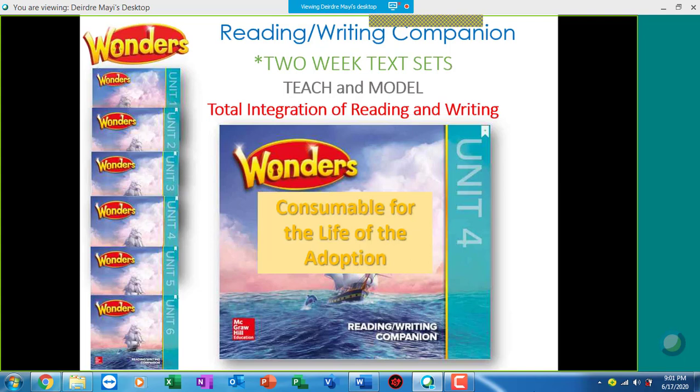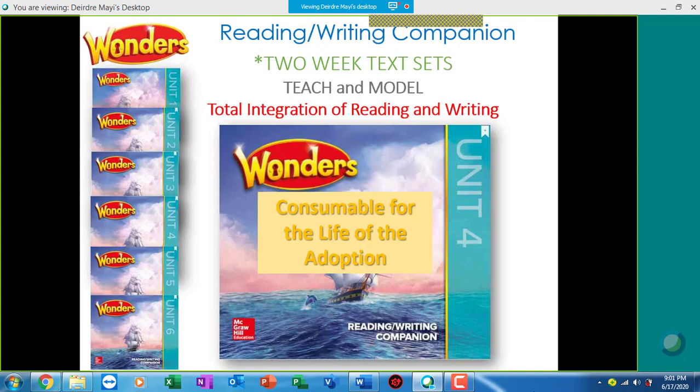It is a consumable resource that students will receive for the life of the adoption. So you don't have to worry that maybe students shouldn't write in it because they'll get messed up. You will always receive more copies, so that's not a worry. The Reading Writing Companion totally integrates reading and writing and will be used really throughout the week.